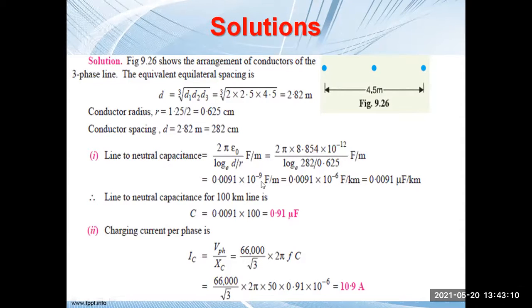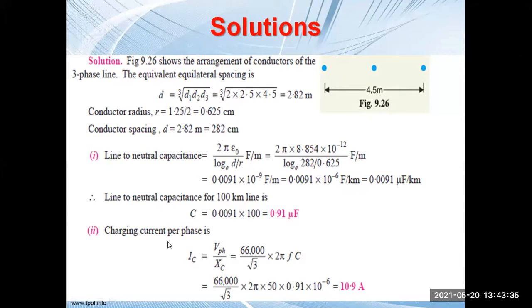Okay, 0.0091 into 10 to the power minus 9 farad per meter. Then we have converted it into farad per kilometer, so multiplied by 1000, and this value we have got is 0.0091 microfarad per kilometer, because 10 to the power minus 6 is there. Now for the whole length, 100 kilometer, this will be multiplied by 100. So that means this will be 0.91 microfarad.